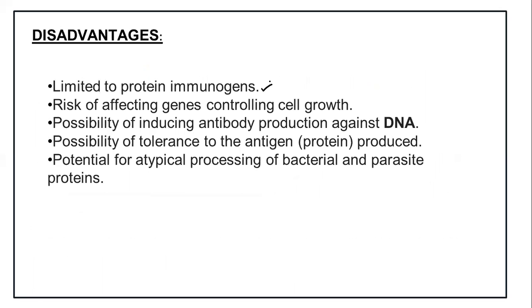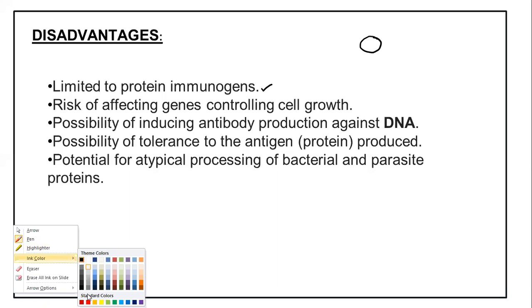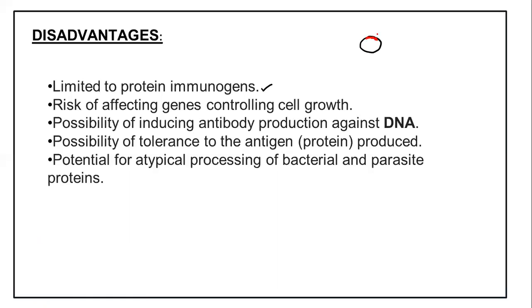There is no chance of a polysaccharide, because the construct with the gene of interest is transcribed and will produce only protein. So a polysaccharide cannot act as the immunogen or antigen. So it is limited to protein immunogens only.